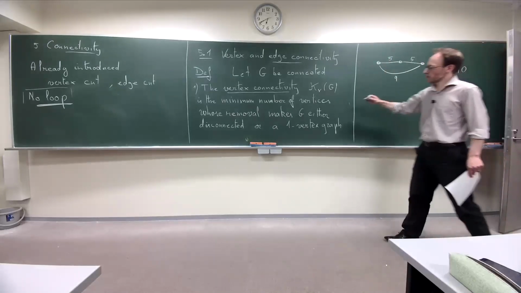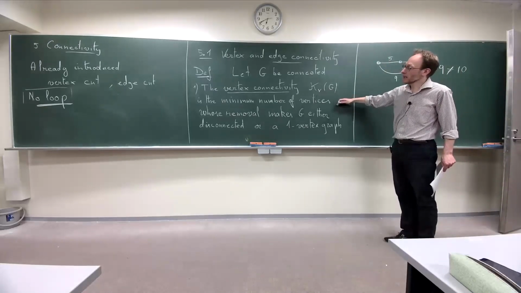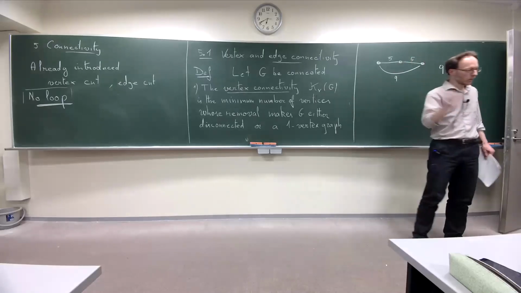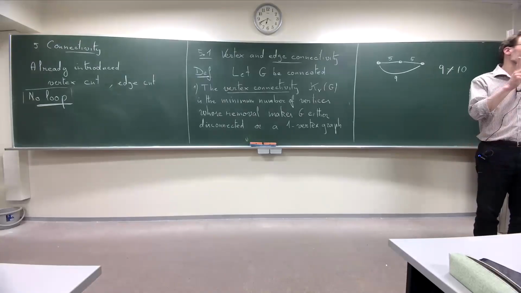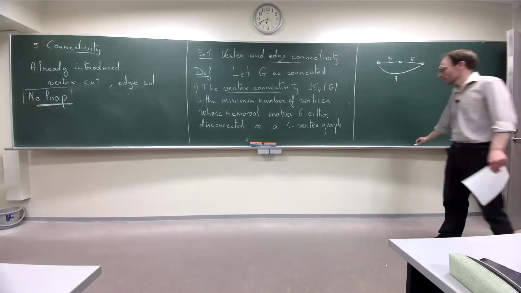So the definition is the minimal number of vertices that you have to remove in order either to make your graph disconnected or just a one vertex graph.